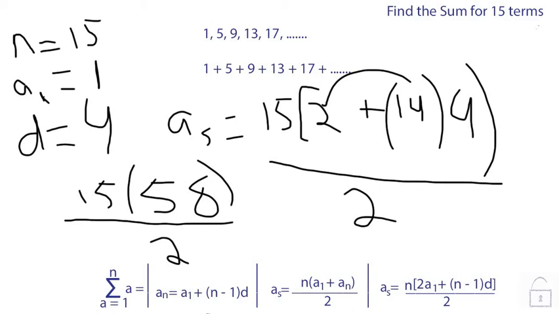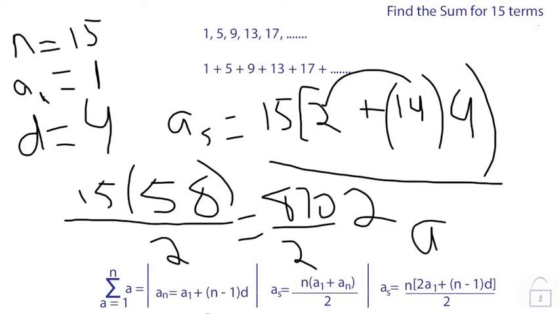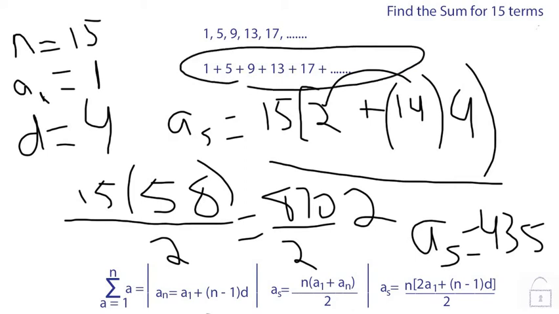So we get 58 times 15 is equal to 870, over 2. So 870 divided by 2 is equal to 435. So a sub s is equal to 435.